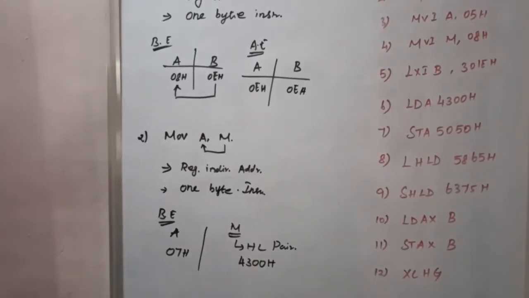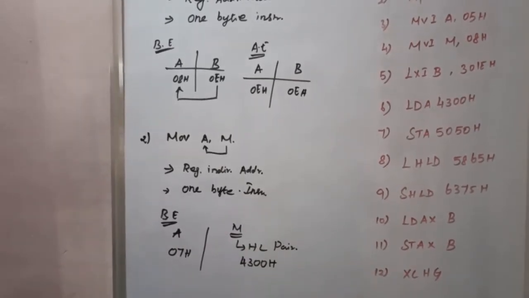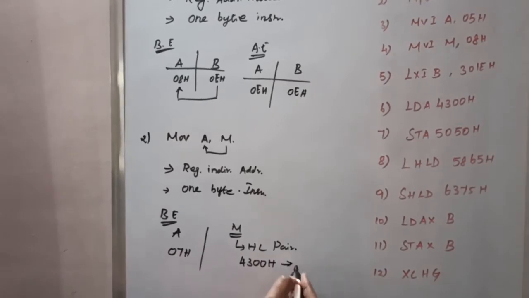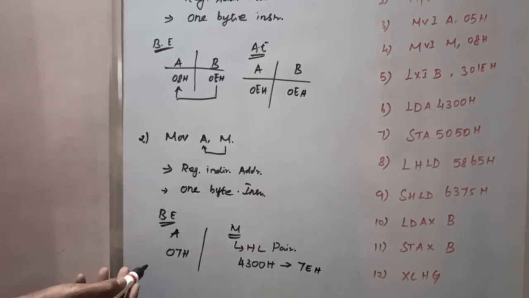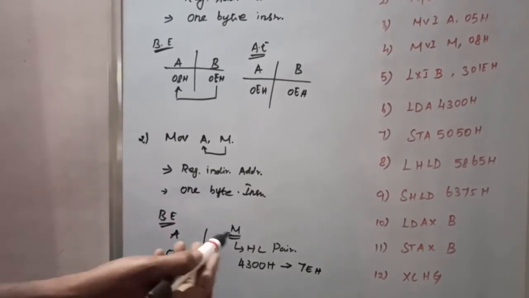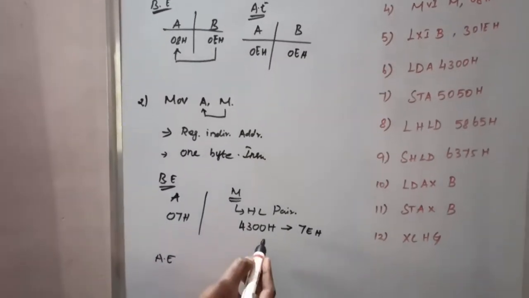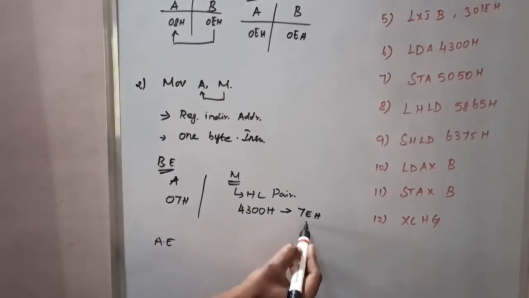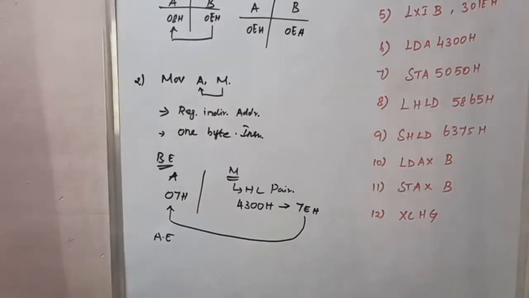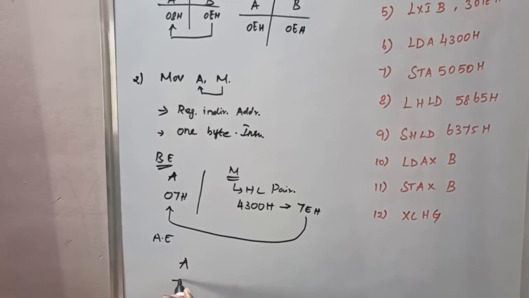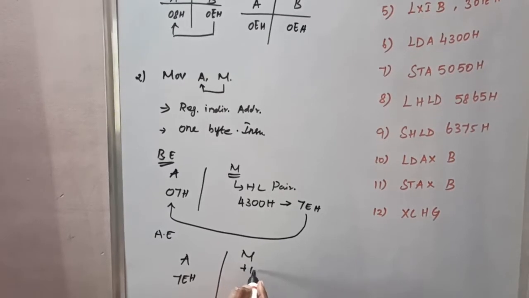This content holds an 8-bit value, 7EH. So before execution the accumulator value is 07 and the memory location value is 7EH. After execution, whatever value is held in the memory location is transferred to the accumulator, so the A value is 7EH.